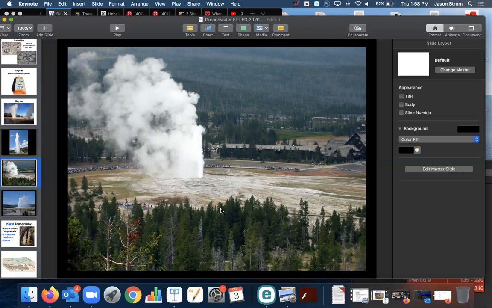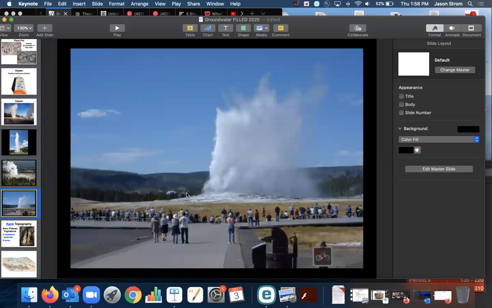But it does still erupt, and I think it shoots water and steam 200 or 300 feet in the air. So it's pretty impressive.